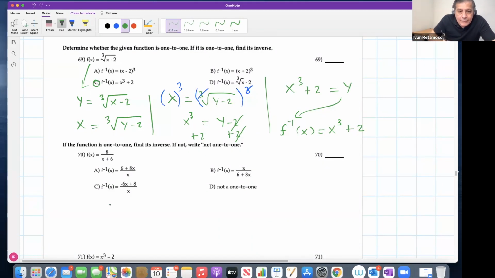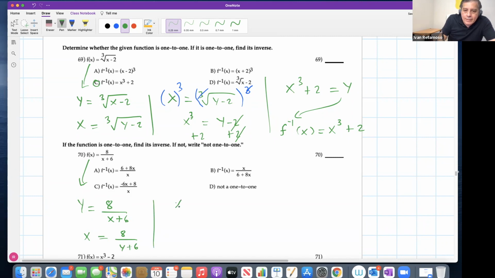The other strategy is just to go ahead and then find the inverse function. If you don't encounter any trouble, any plus minus signs around, it should be okay. So if we just follow the 4 steps, y equal 8 over x plus 6, then we switch our variables. Step 3 says solve for y.